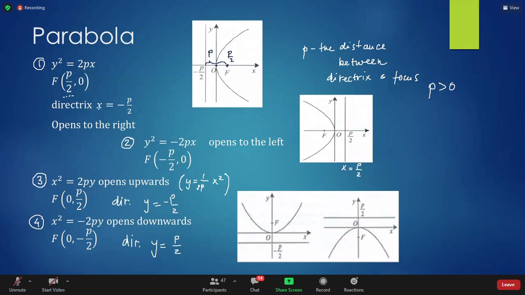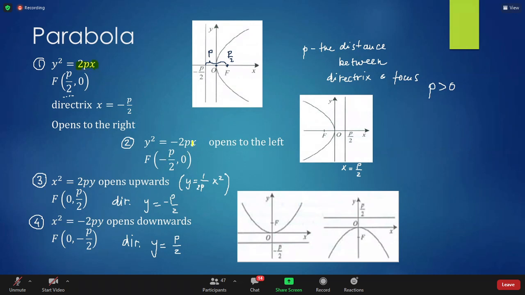So the sign can be changed only on the side that does not have a square, because a square is always positive, which means the variable that does not have a square actually determines which way the parabola will open. If I have this kind of equation, I see x has no square, so it opens in the x direction, like in this as well.